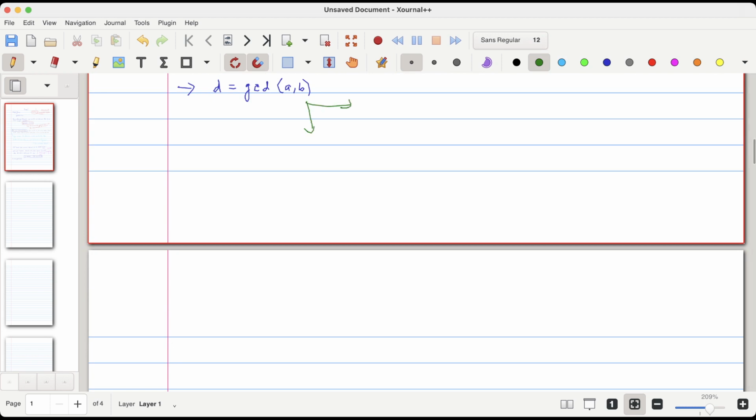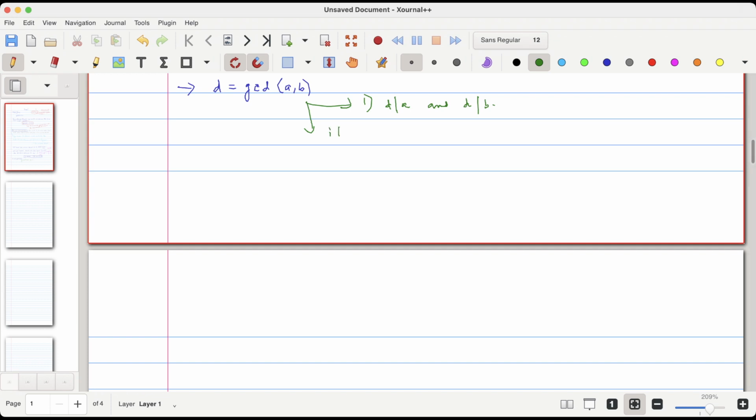It has to be two conditions, right? Condition number one, D divides A and D divides B, D divides both.